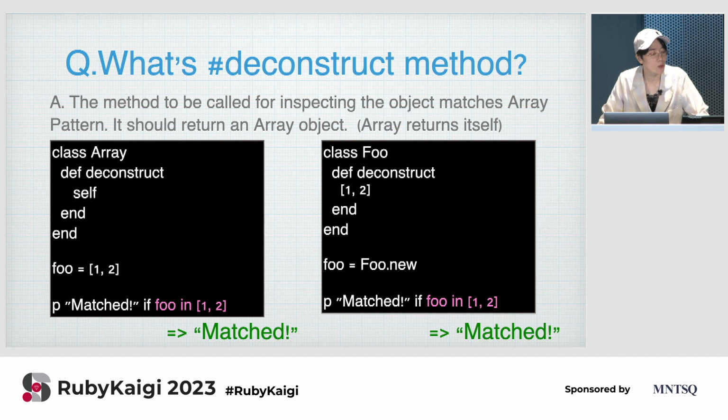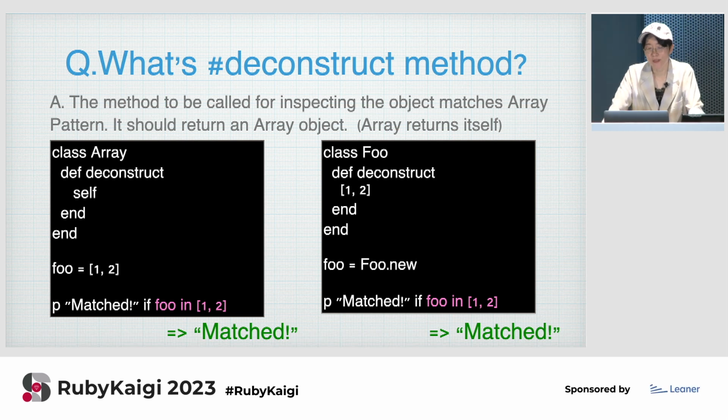What is the deconstruct method? The method to be called for inspecting whether the object matches the array pattern. It should return an array object. For example, take a class Foo whose deconstruct method always returns the array containing 1 and 2.